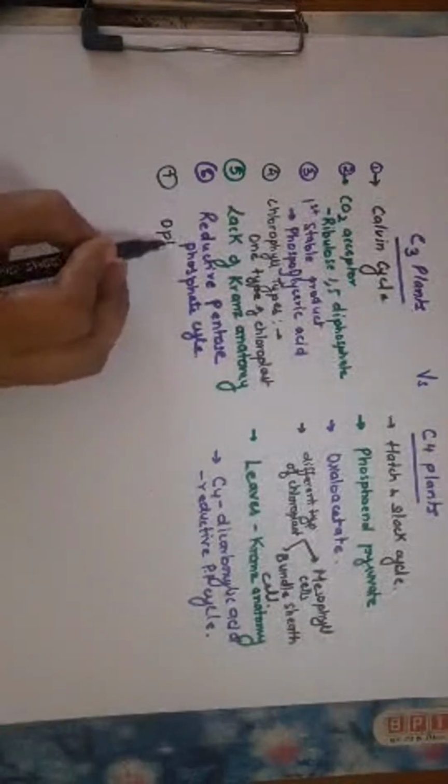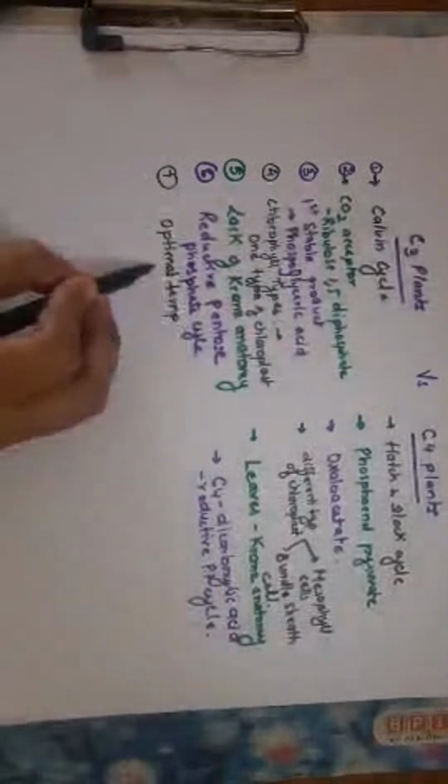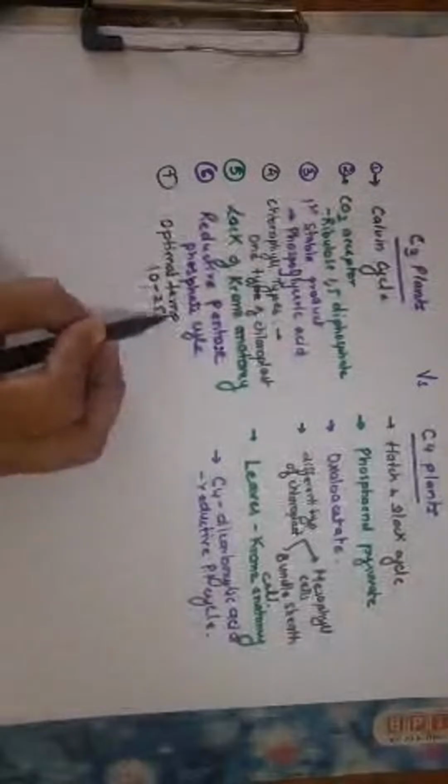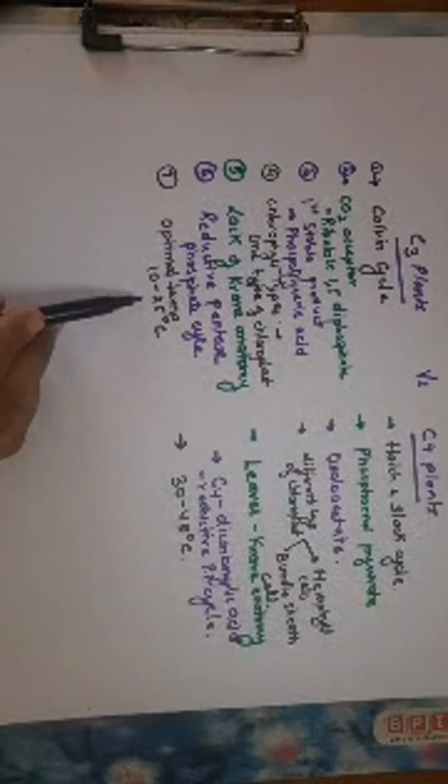For better performance of the plant or the leaf, the process of photosynthesis, all the physiological processes, the optimal temperature for C3 plant ranges between 10 to 25 degrees Celsius, whereas the C4 plants have a specialized mechanism, because the optimal temperature for functioning is 30 to 45 degrees Celsius. So you can see the normal temperature for C3 plant is lower as compared to the C4 plant. This is also one of the major differences, the seventh difference.